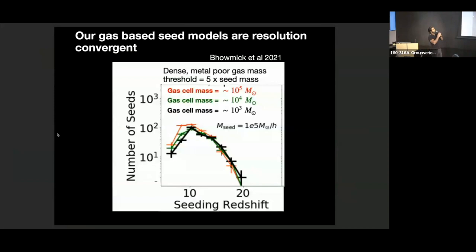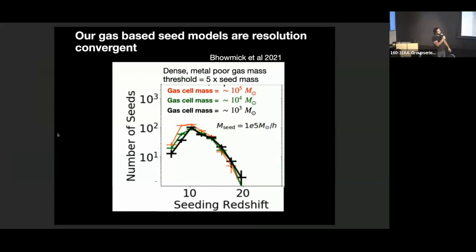We also demonstrate that our seed models are very well resolution convergent. So here's one such seeding parameter where we show the number of new seeds formed at various redshifts for a target seed mass of 10^5 solar masses, simulated at 3 different gas mass resolutions from 10^5 solar masses in gas, all the way to the highest resolution we achieve of 10^3 solar masses.